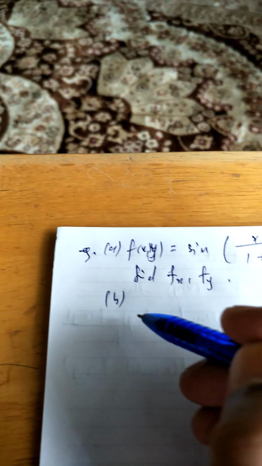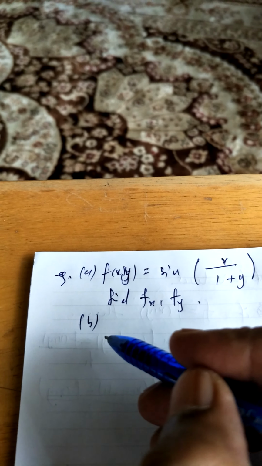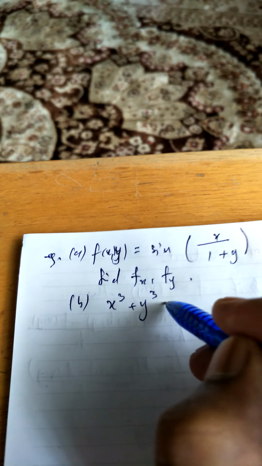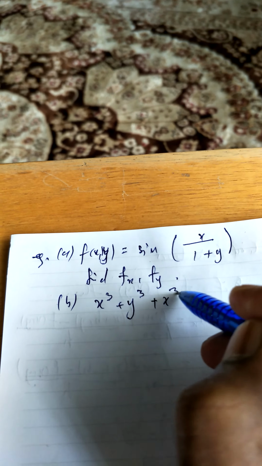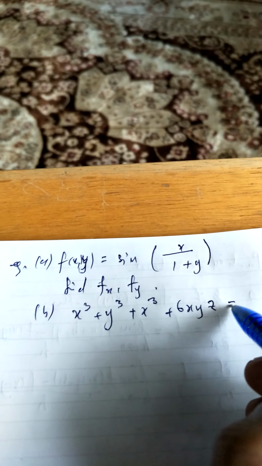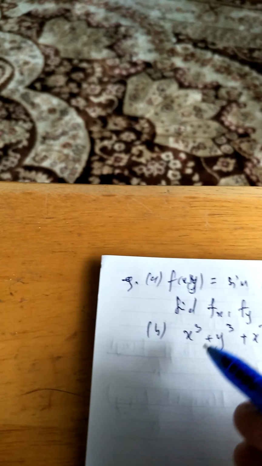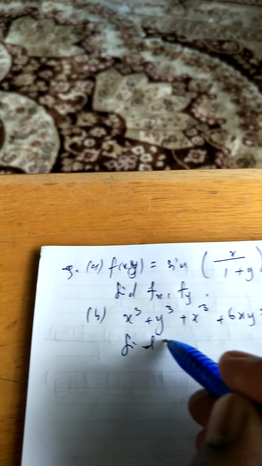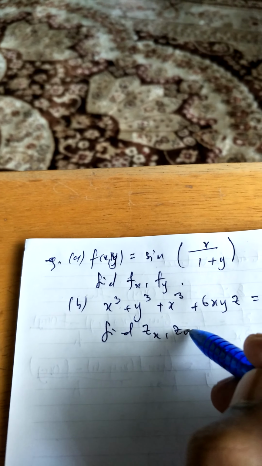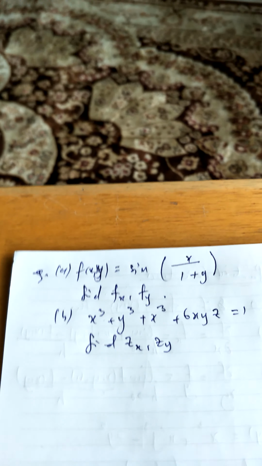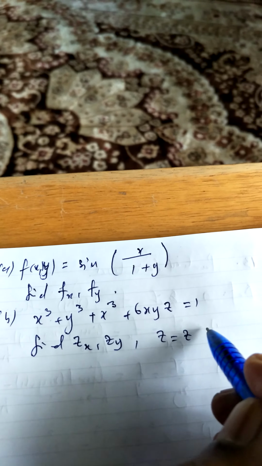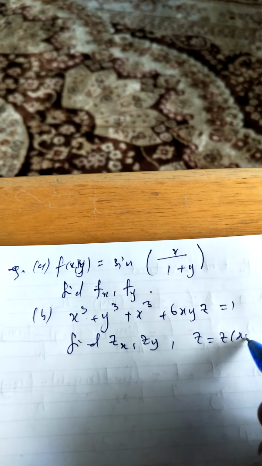And another one, let's say we have x cubed plus y cubed plus z cubed plus 6xyz equal to 1. Find z x and z y, where z is a function of x, y.